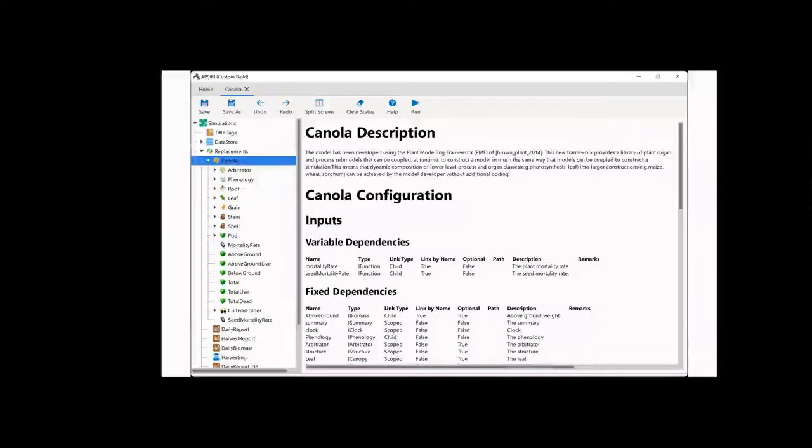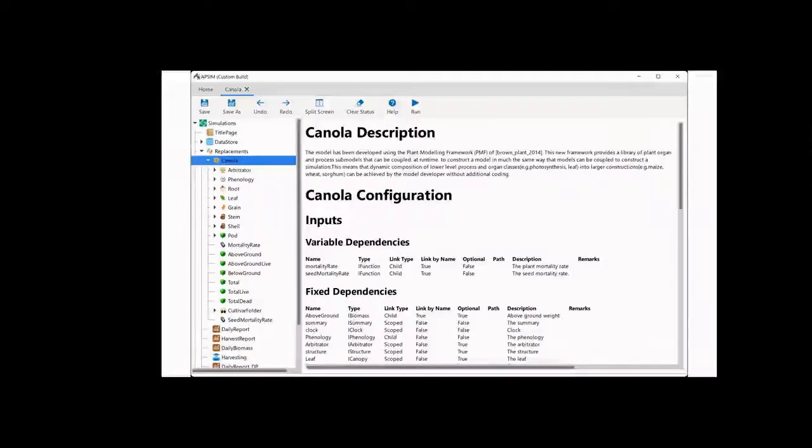It includes the plant arbitrator that looks at the arbitration of dry matter in various forms and nitrogen within the plant. There's a phenology model, which I'll describe in a little bit more detail. And then we have the standard models for the roots, leaf, grain, stem, and shell.